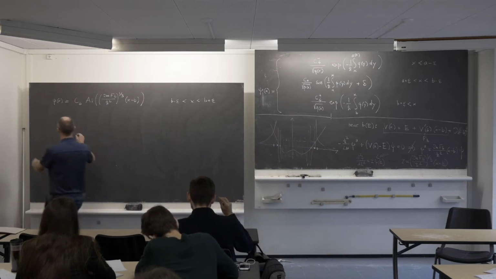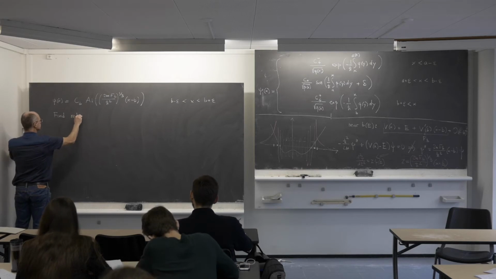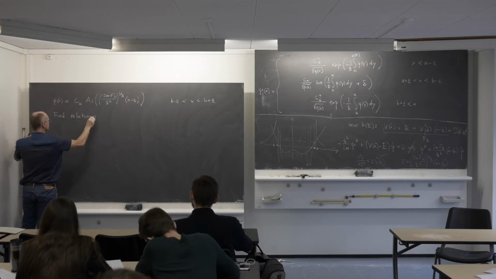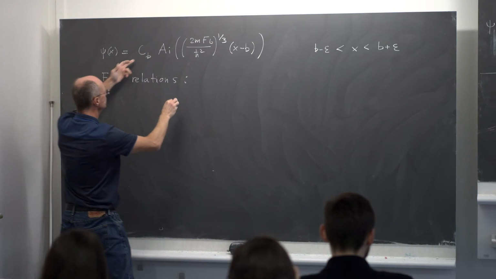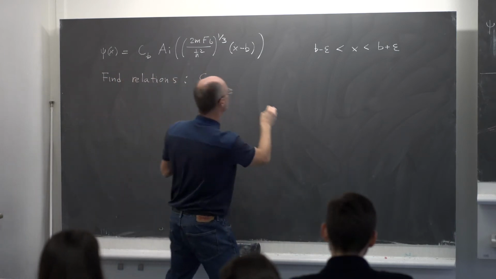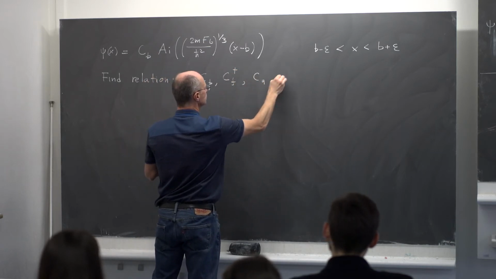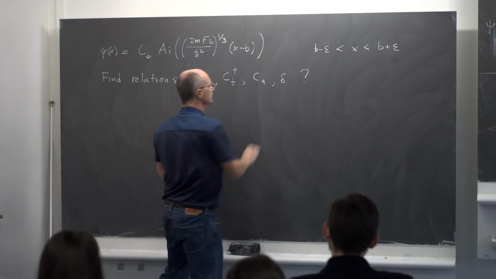So the next question is to find relations between the constants c_b, c forbidden plus, c allowed, and delta.